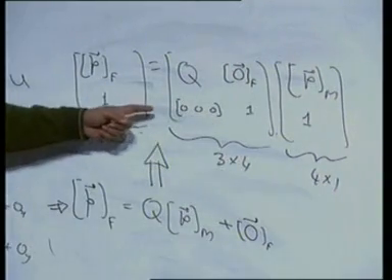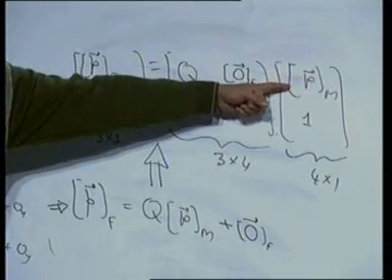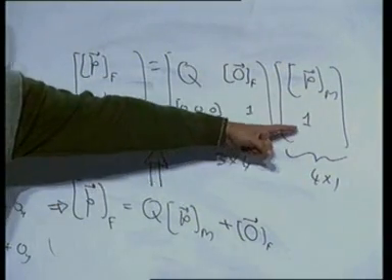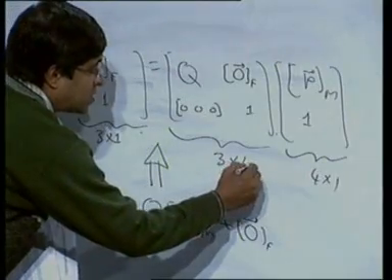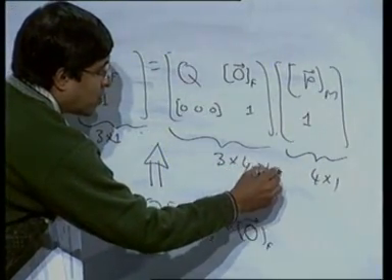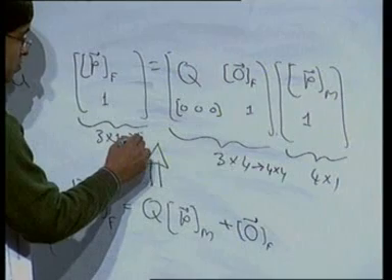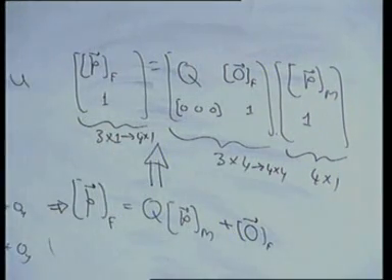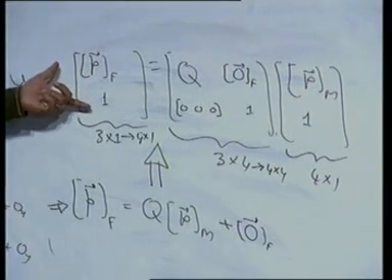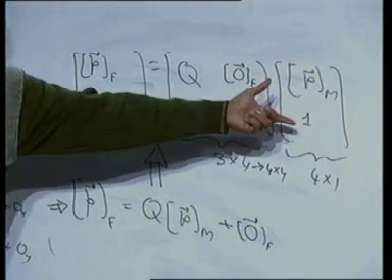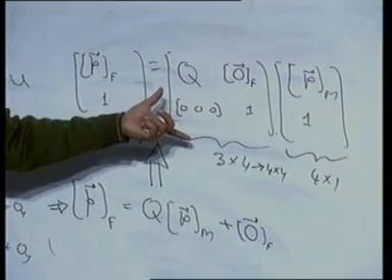Next, I put 0 0 0, which will be multiplied giving me 0, to be added with the scalar 1. So, 1 is equal to 1. Now, I have converted it to a 4 by 4 matrix and this I have converted to 4 by 1. So, effectively I am taking into account only 4 dimensional vectors and 4 by 4 matrices.